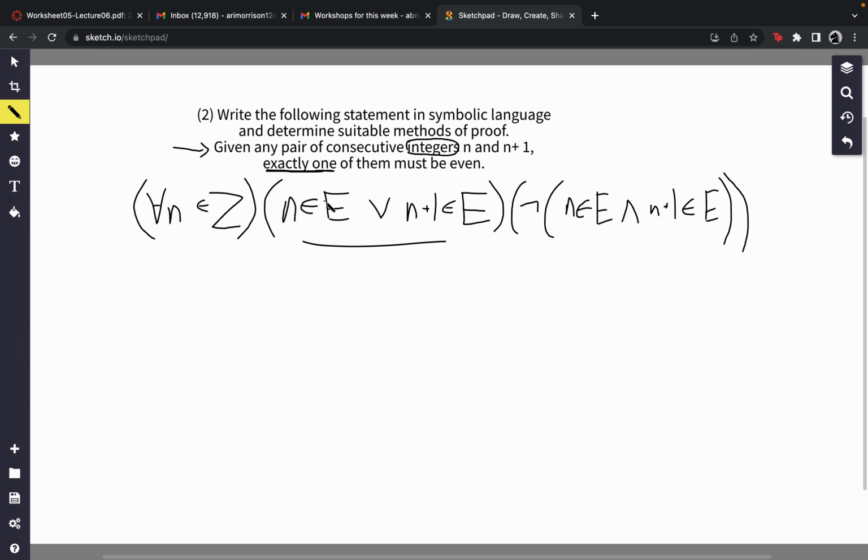There are multiple ways to prove this, and there are probably also multiple ways to write this out that are correct. So don't worry if you came up with a slightly different way of writing this, it's very possible that it's correct. A proof by cases means that either we start with n being even, or we start with n+1 being even.